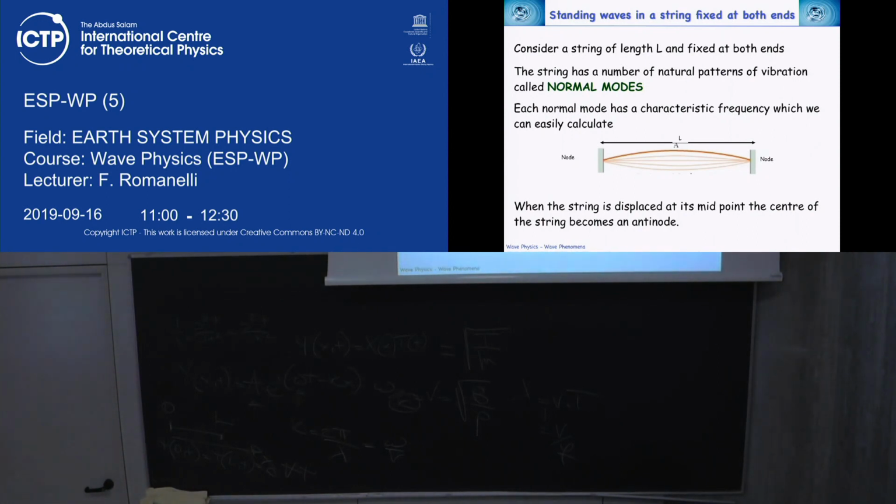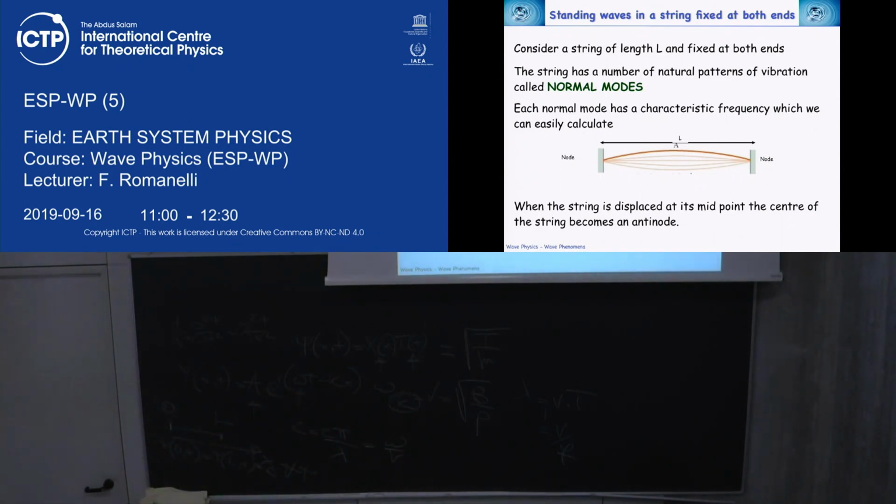One will be in x, the other will be in t. What you're going to get is that the x will be a combination of two independent solutions. Which ones? Cosine and sine. Time will be a combination of two independent solutions. Which ones? Cosine and sine.